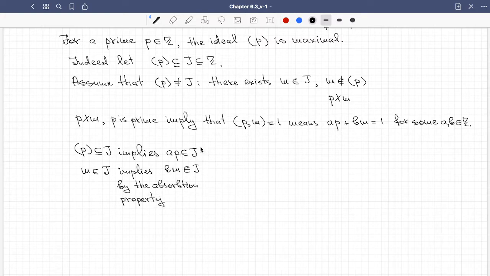These two together, J being an ideal, is a subring.